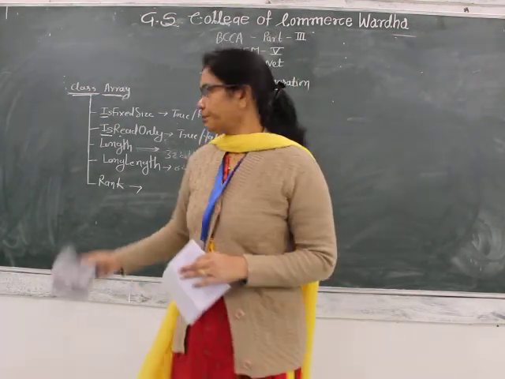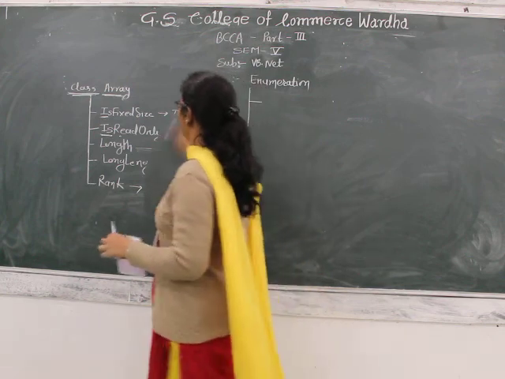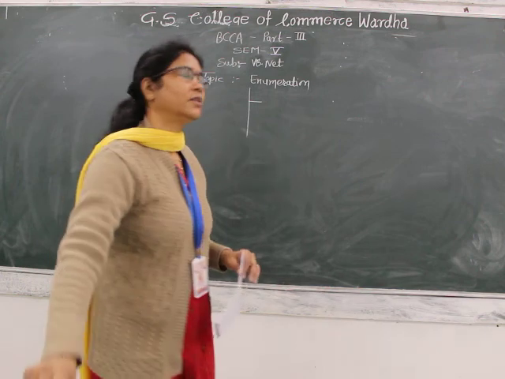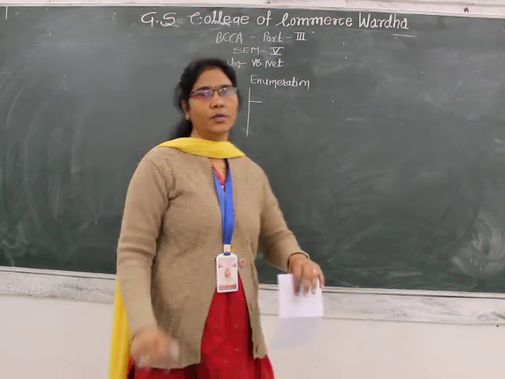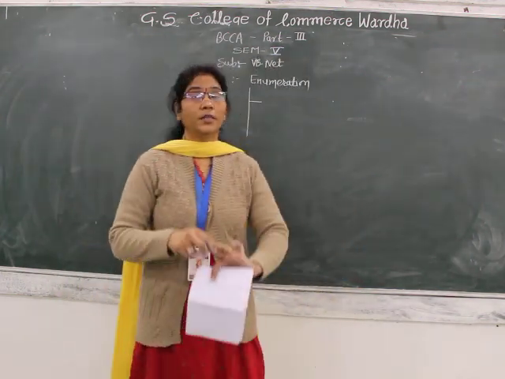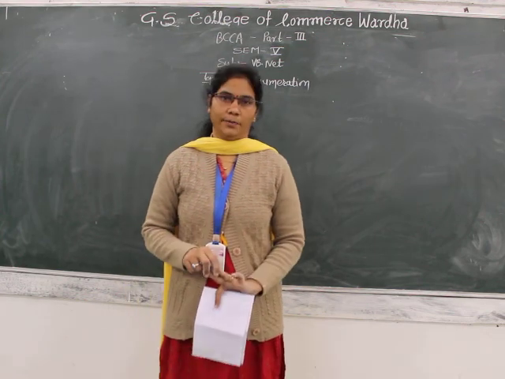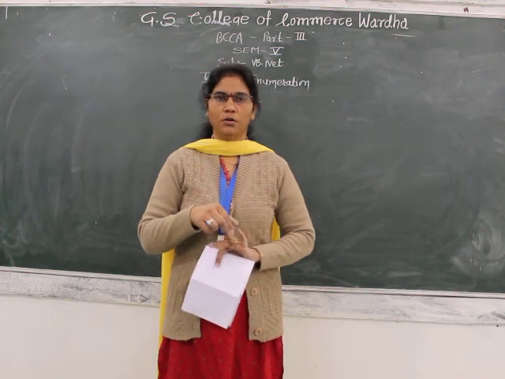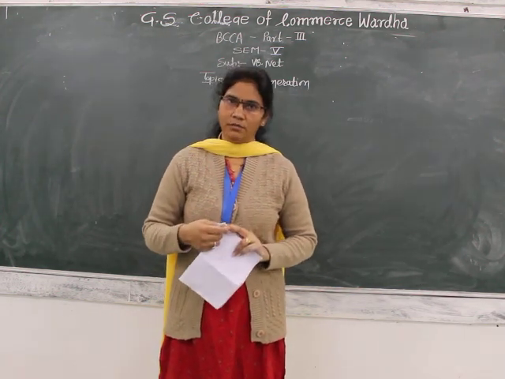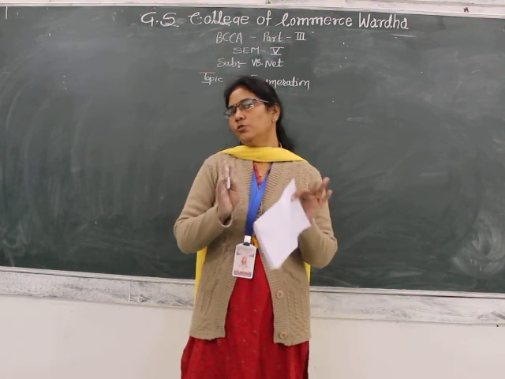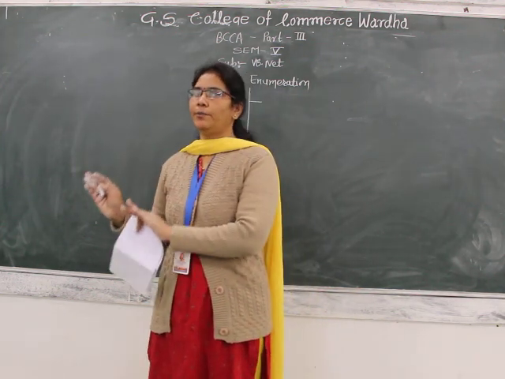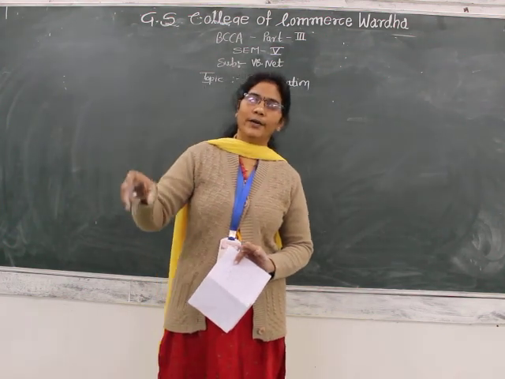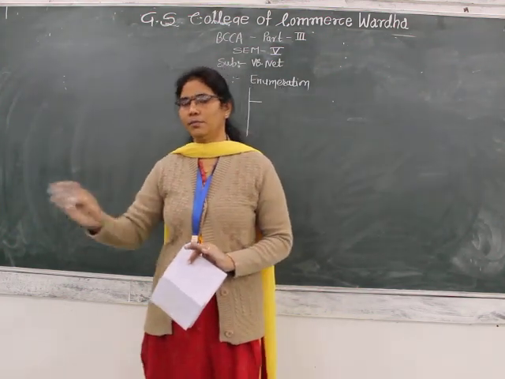Now we start our topic, enumeration. What is meant by enumeration? Enumeration is a user-defined data type. As you know, data types like integer, short, long, string, double and float are primitive data types, which are already defined by the system or compiler.